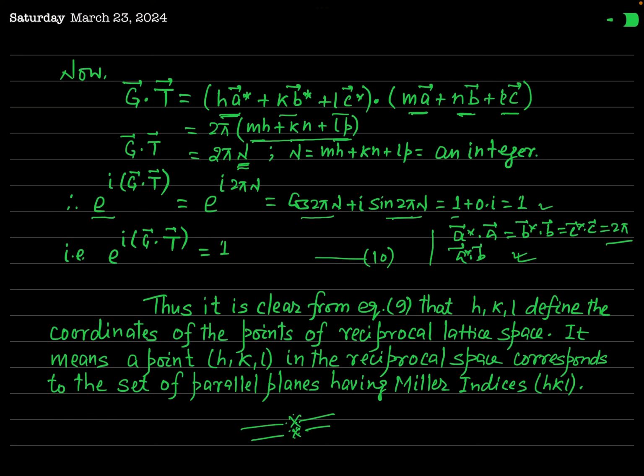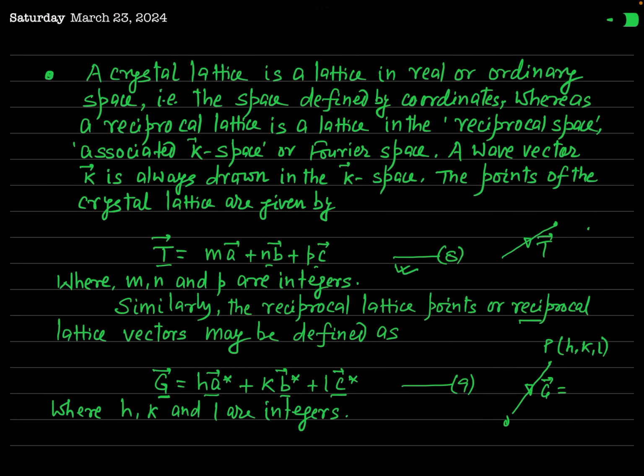And as I have told you, this equation indicates that if there is a point having coordinates HKL in reciprocal space, then this G represents the normal to the planes marked by the Miller indices HKL.